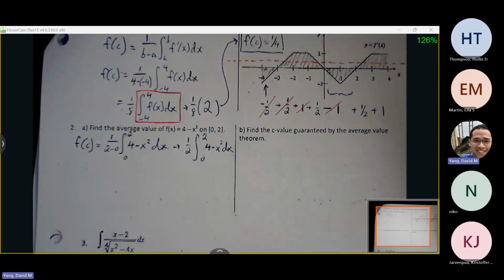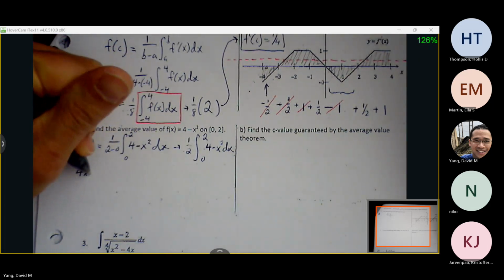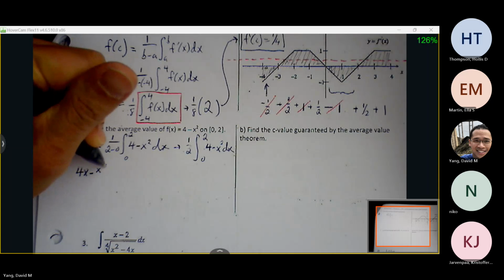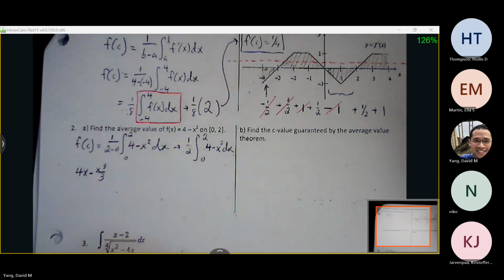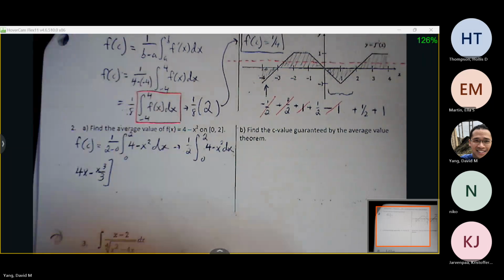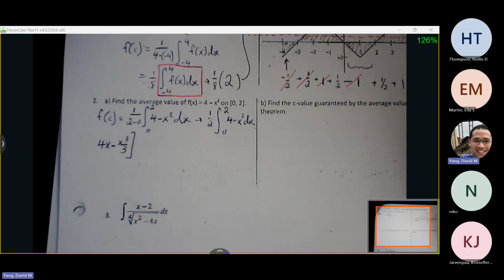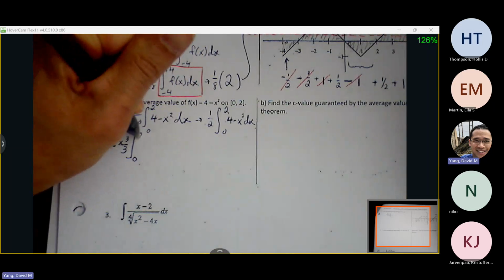Both the 4 and the x squared are ready for power rule. Four becomes 4x, x squared becomes x cubed over 3. We evaluate our bounds, 0 and 2.